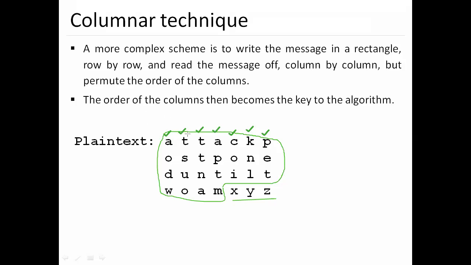Here we have segregated plain text into a rectangle form. So we have 7 columns. Now if we have a pre-order key, then we go for it.